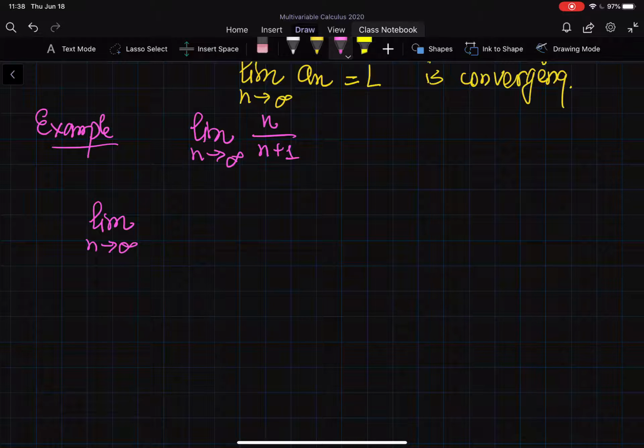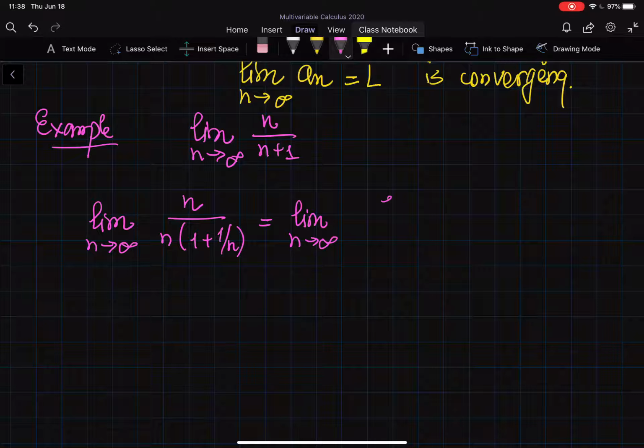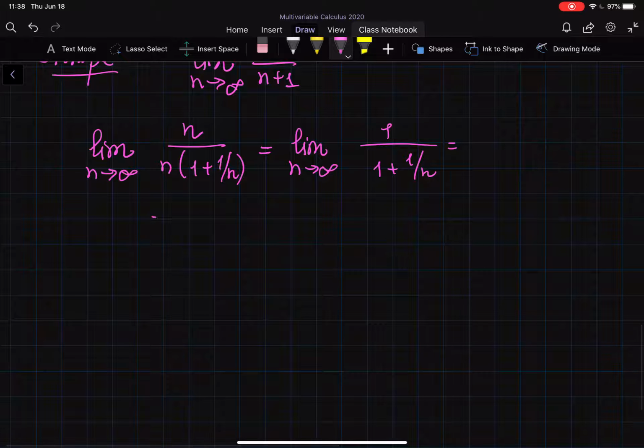We can just take n out of the brackets in the numerator and denominator. So if you take out the n in the denominator, it's going to be 1 plus 1 over n here. Right? So you can just cancel out the n's, and what you are going to have here is the limit, when n goes to infinity, of 1 divided by 1 plus 1 over n, and we can find the limits of the numerator and denominator separately using the laws of limits.